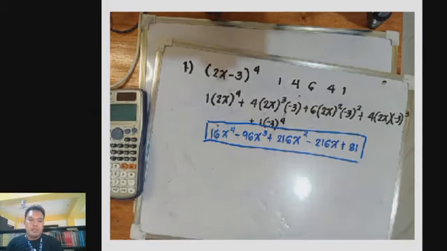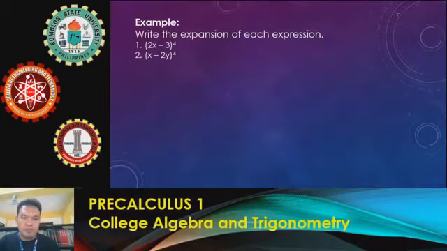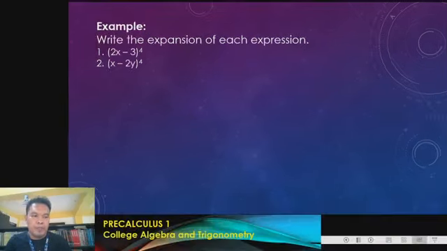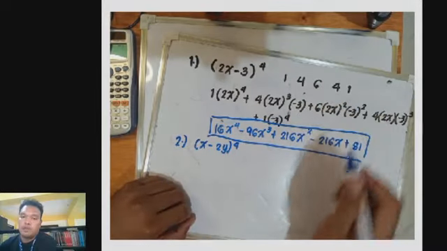Okay? Then, example number 2 tayo. We have number 2. We have x minus 2y raised to 4. No? Okay. So, lalabas, we have the same pattern, 1, 4, 6, 4, and 1.